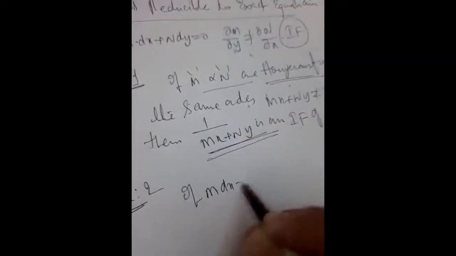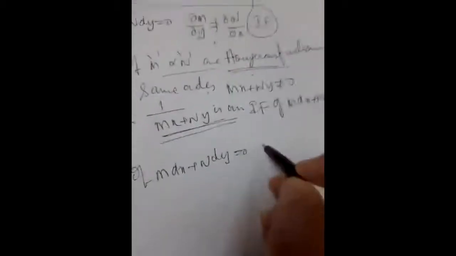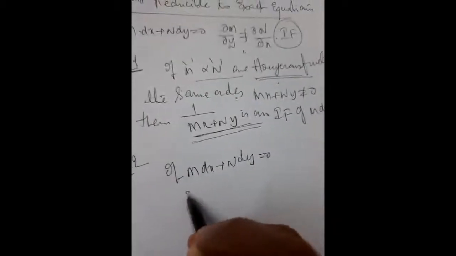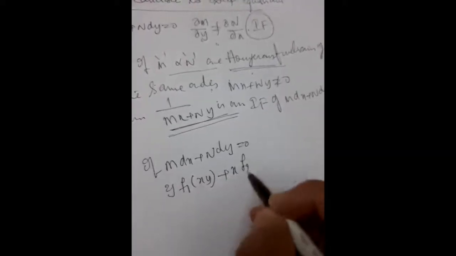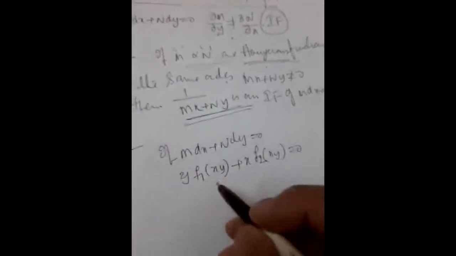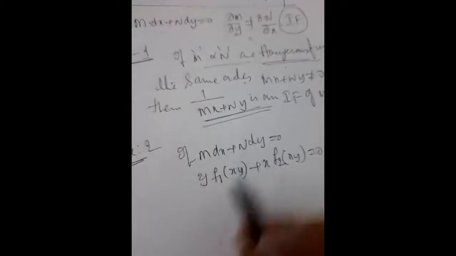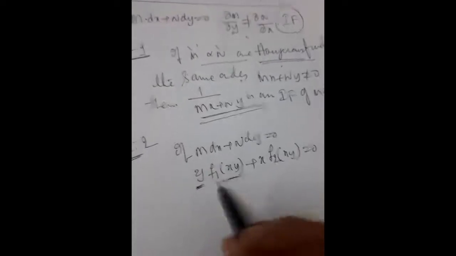So rule 2. Suppose M dx plus N dy equals 0 is of the form y into some function f1 of x comma y, plus x into some f2 of x comma y, equal to 0. That is, y into some function of xy and x into some function of xy.